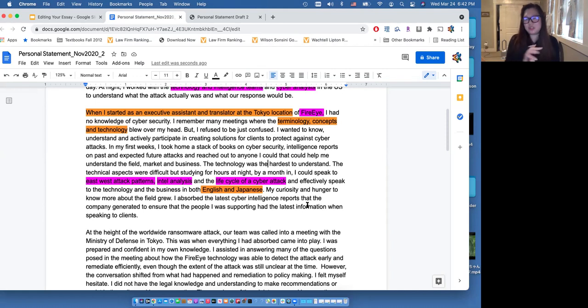I get that she was studying and she had to absorb a lot of information, but the translation part and the technology part are here and there, and it's a little confusing. So that's where I'm like, okay, maybe this paragraph needs to be split.